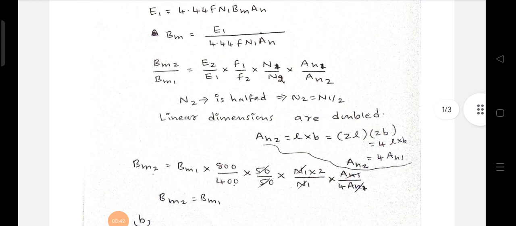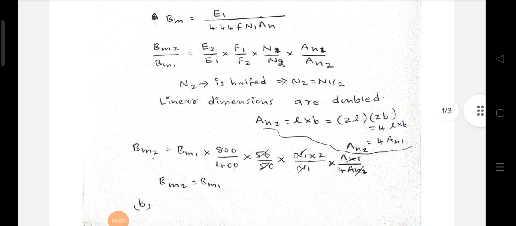Okay, substitute all those values. Bm2 = Bm1 into E2 value 800 divided by 400, into frequency F1 is 50, F2 is 50, right? N2 is N1 by 2, then 2 comes to the numerator, that is 2 into N1 by N1, and N1 and N1 will be cancelled, into An1 by An2 value will be 4 An1, An1 and An1 will be cancelled. Numerator side 800 into 2 is 1600, denominator also 400 into 4 is 1600.